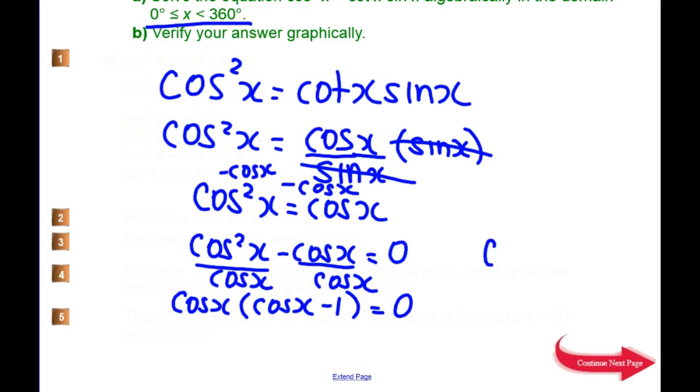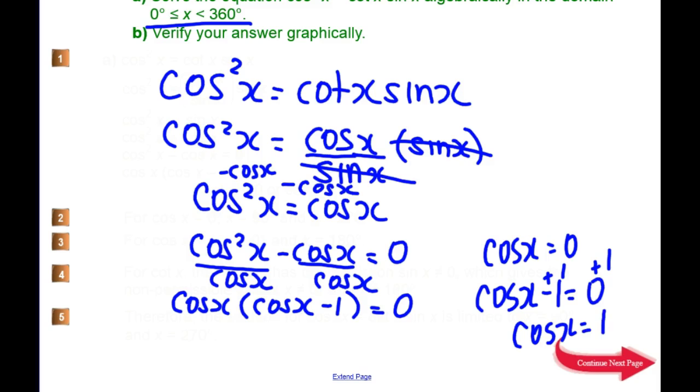So we have cos x equals 0, and then we have cos x minus 1 equals 0. So if we add the 1 over, cos x equals 1. Okay, so where is cos equal to 0? And we're talking degrees. 90 and 270. And where is cos equal to 1? Zero degrees? Okay, so those are our solutions.